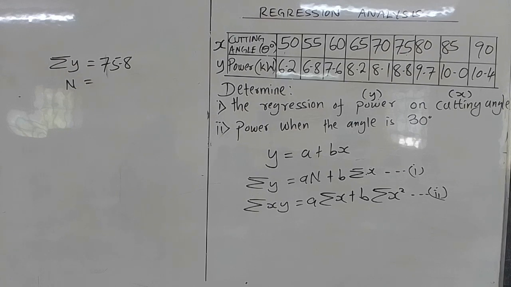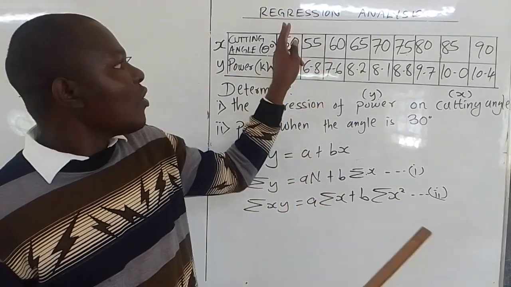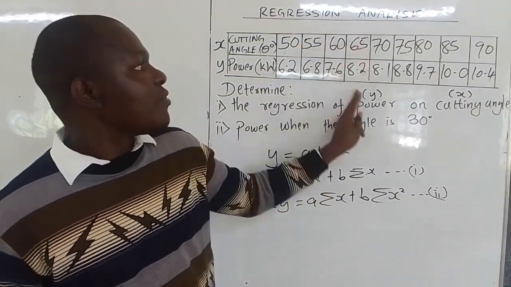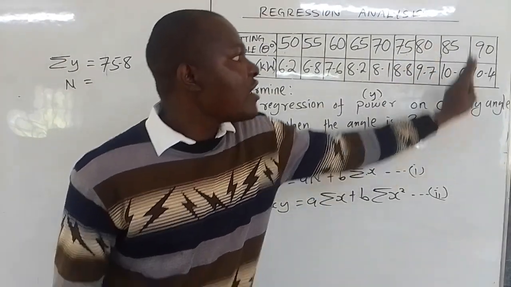Then you have sum. N is not there under sum. It is always there. See, these are the numbers. How many are they? First, second, third, fourth, fifth, sixth, 7, 8, 9.